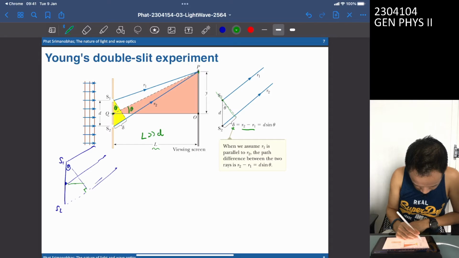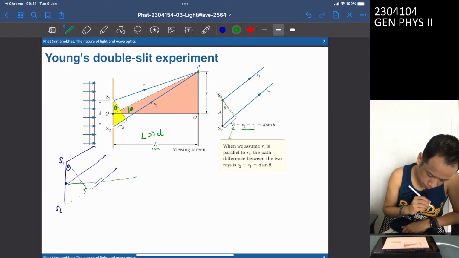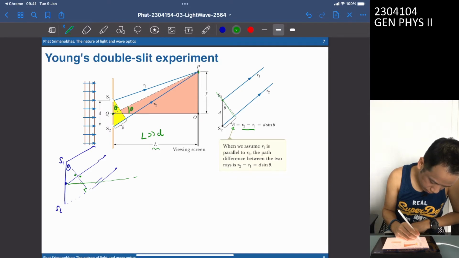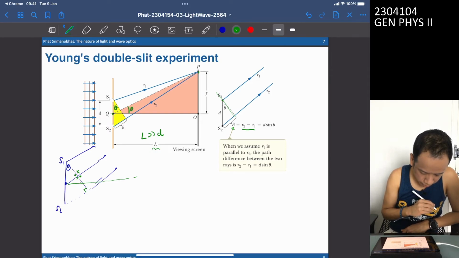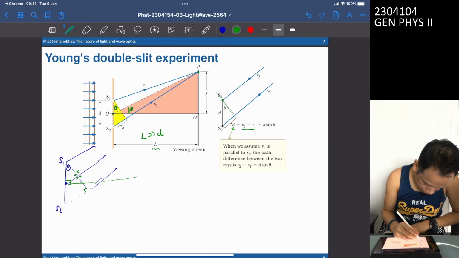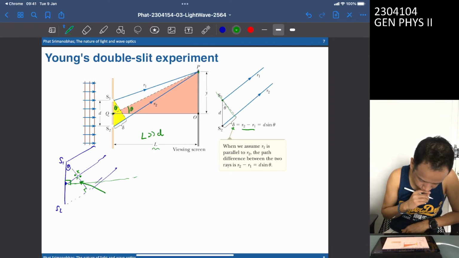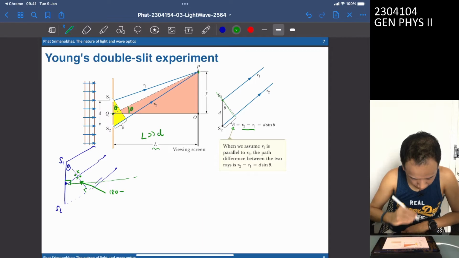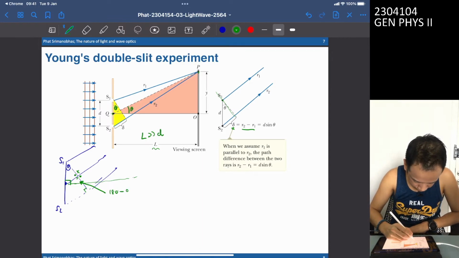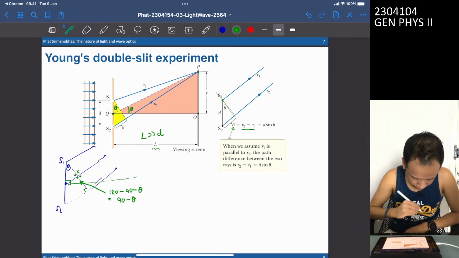This is a diagonal, so this angle becomes 180 minus 90 minus theta, so it becomes 90 minus theta.